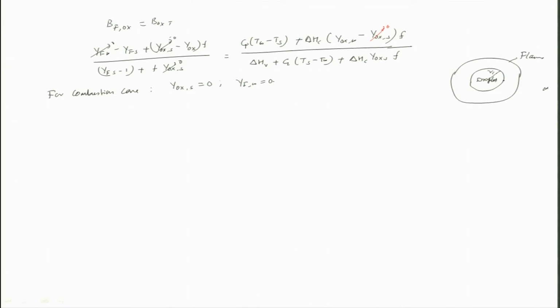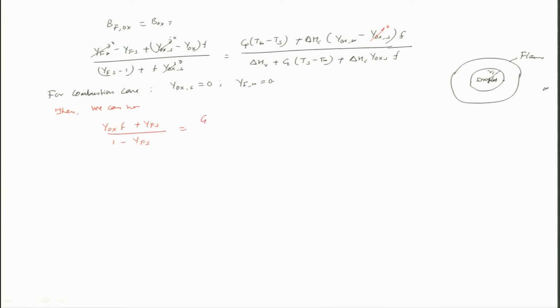If you do that, what I will get, then we can have Y oxidizer F plus Y_F,S divided by 1 minus Y_F,S, from this left hand side.